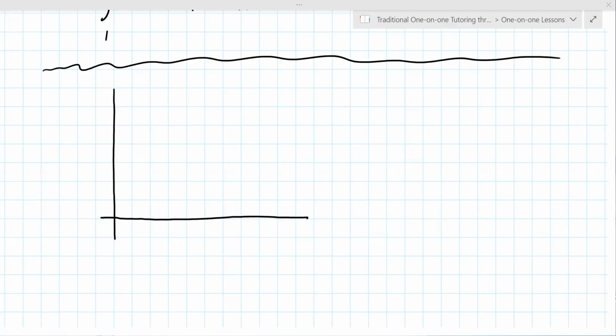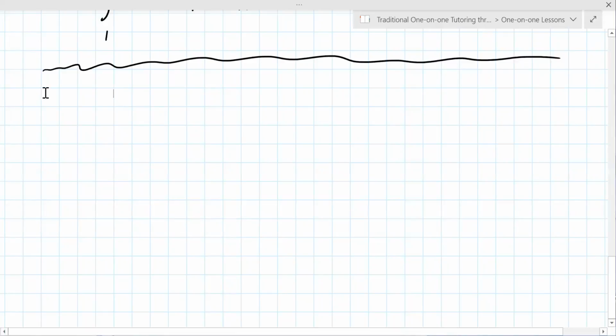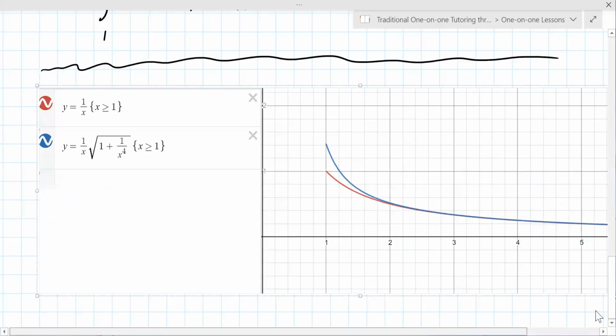Let me just graph the one we're doing here: the square root of 1 plus 1 over x to the 4th. Does that look right? Yes. Okay, let me grab this and snip it in. Got it snipped in here.